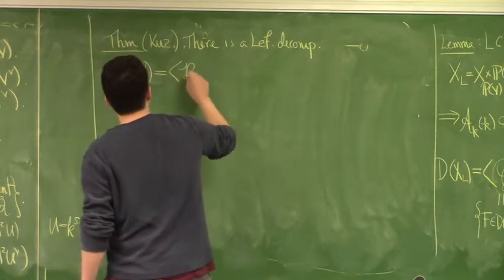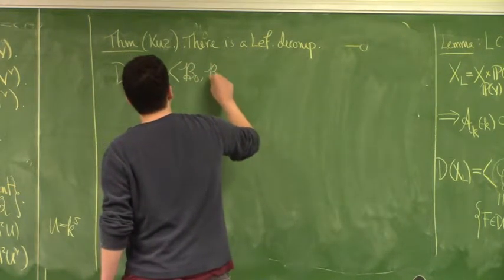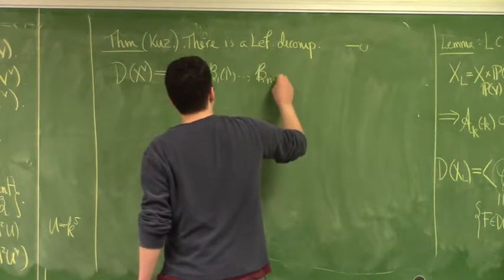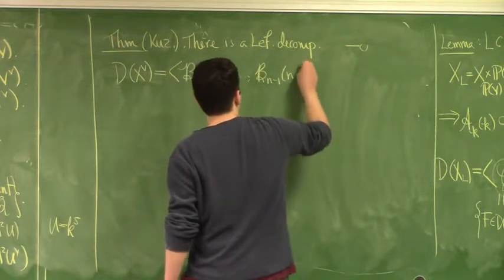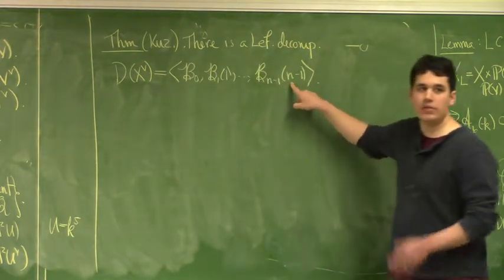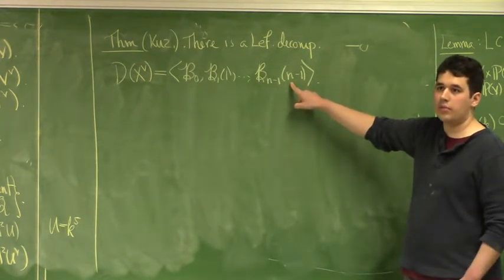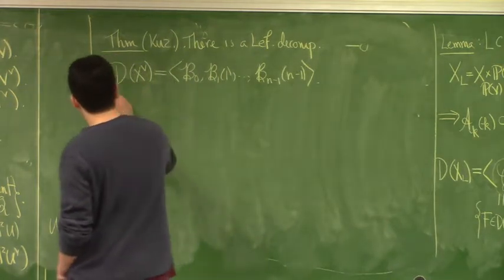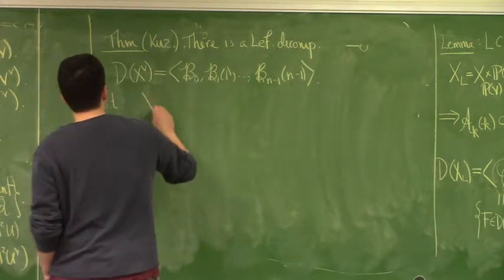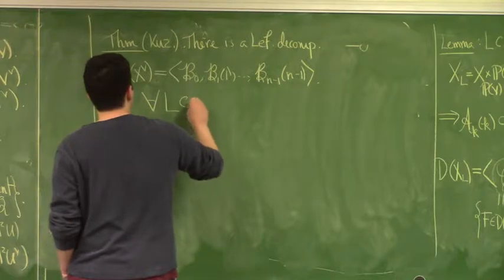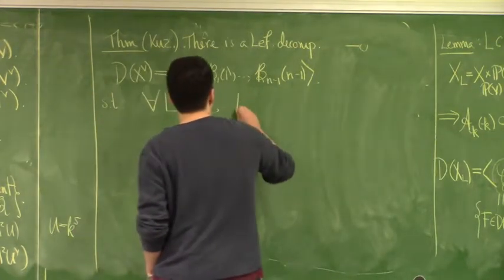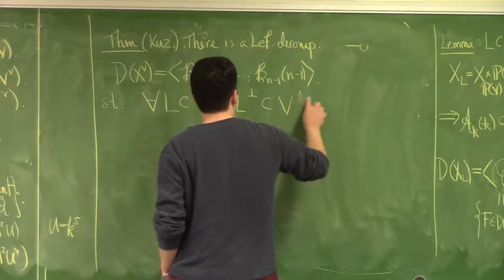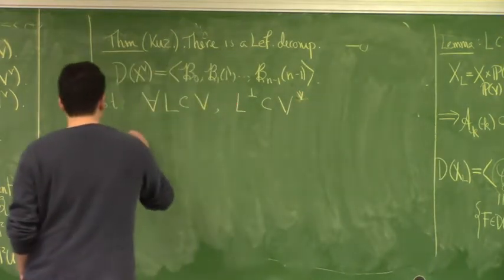I'll call its terms B0, B1 twisted by 1, up through B_{n-1} twisted by n minus 1. This can be different from the length of the Lefschetz decomposition of X. So this is a Lefschetz decomposition such that whenever I take a linear subspace L inside of V, and I take its orthogonal inside of V dual, then the following holds.